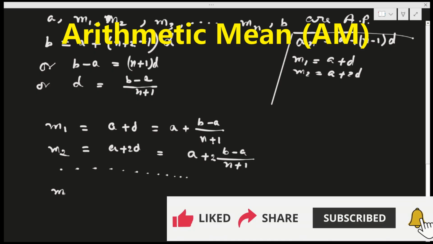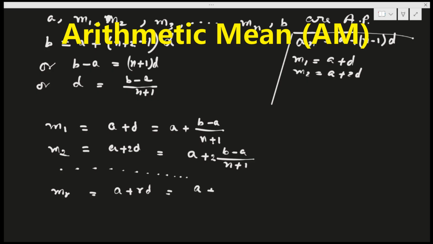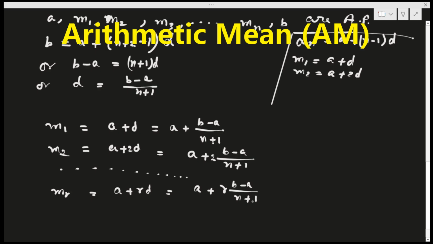If we write Mr, any arithmetic mean: here for the second arithmetic mean 2D, for the first D, here it will be rD, A plus rD, that is equal to A plus r(B minus A) by (n plus 1).